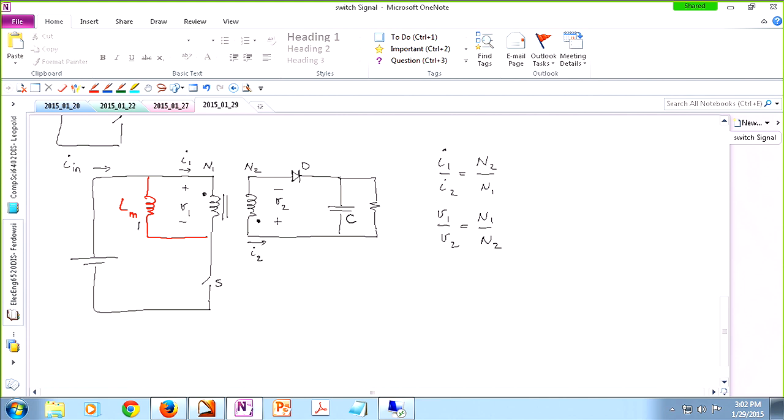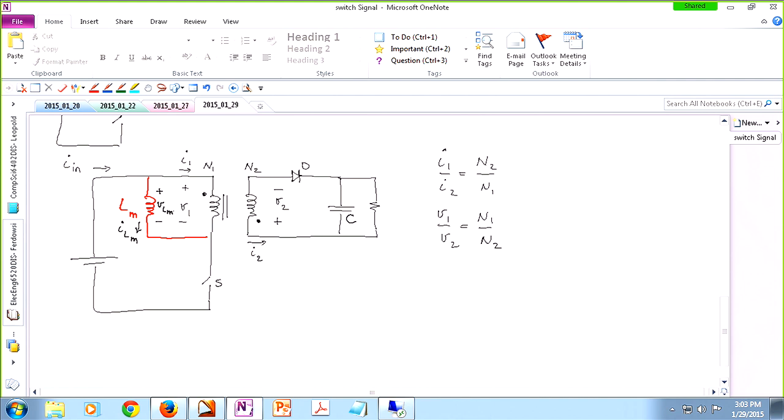So this is the current we're talking about. And since we have an inductor, I can label this to be VLM, the voltage that appears across the terminals of this imaginary magnetizing inductance. All right.